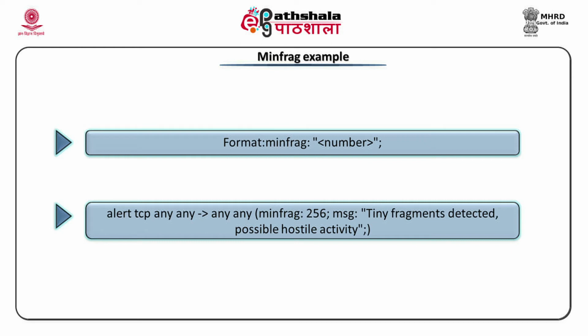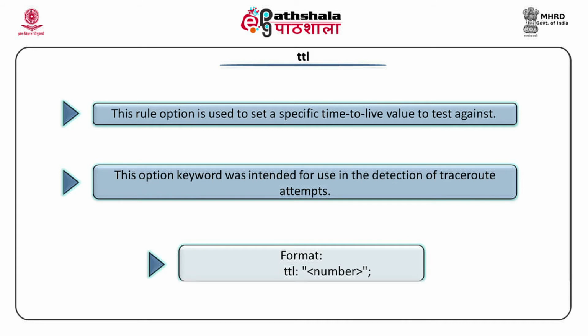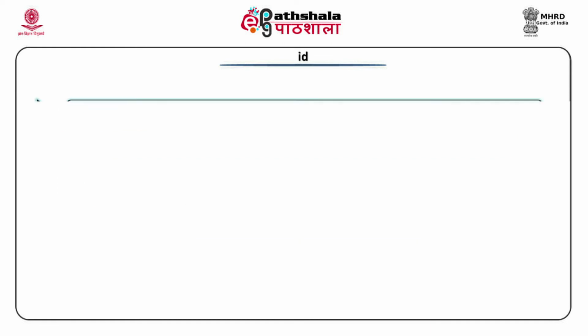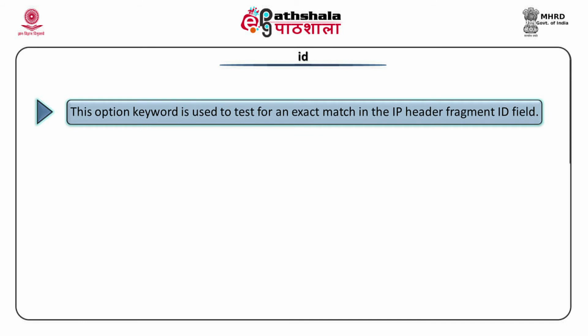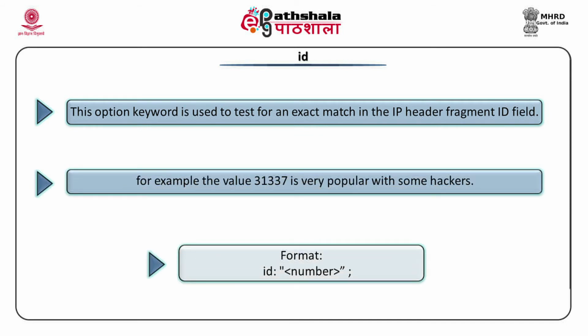There is virtually no commercial network equipment available that generates fragments smaller than 256 bytes. So people can take advantage of this fact by setting their minfrag value somewhere below that threshold. How to use minfrag? You can specify minfrag to be 256 and the message would be tiny fragments detected, possible hostile activity.